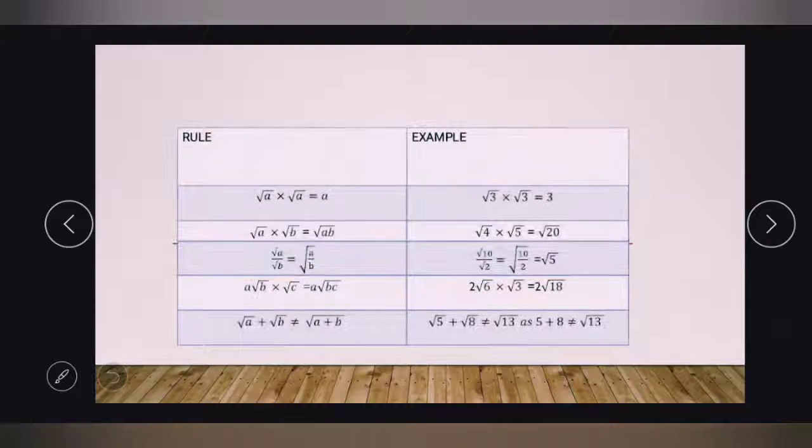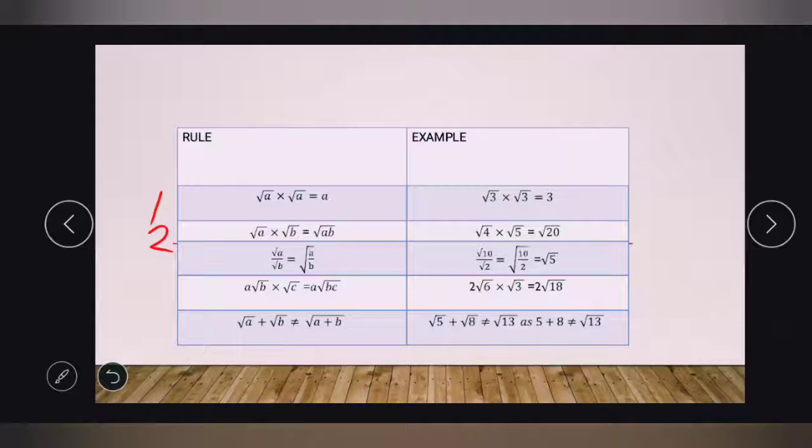The next is the rules of simplification of surds. First point: the square root of a times the square root of a equals a. Example, the square root of 3 times the square root of 3 equals 3.